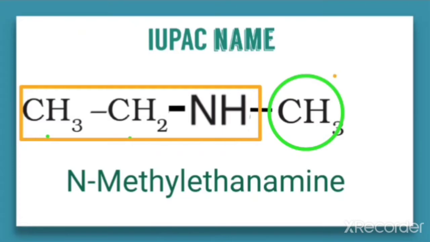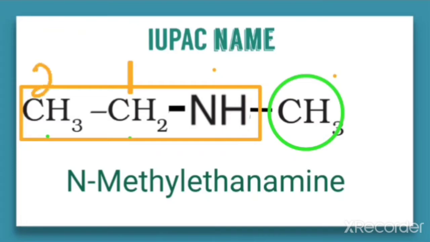Now the numbering. How to start the numbering? Because the functional group is NH, that means the amine is a functional group. So we have to start the counting from the carbon atom which is attached to the nitrogen. So this one is the first carbon and this one is the second carbon.